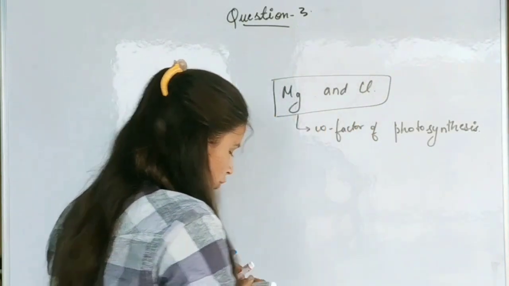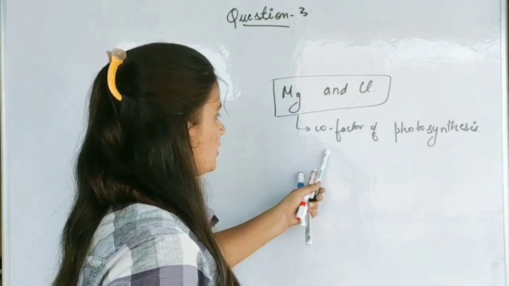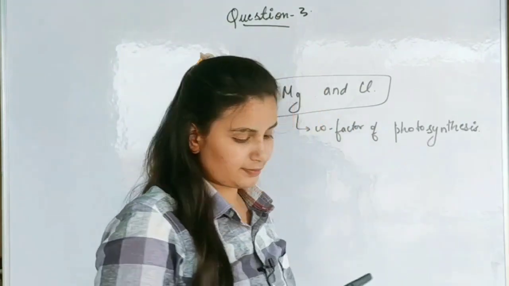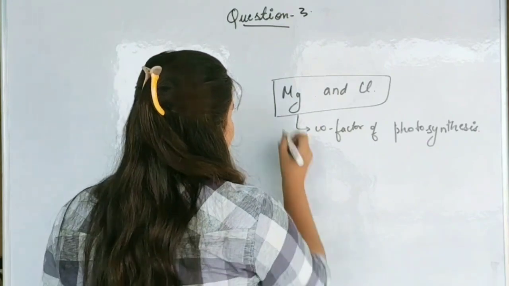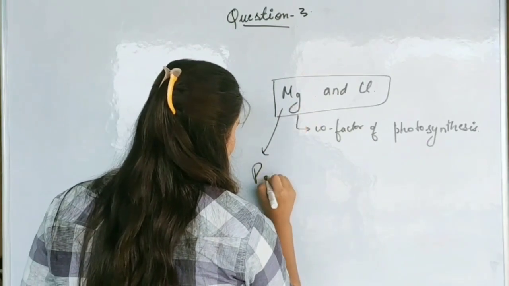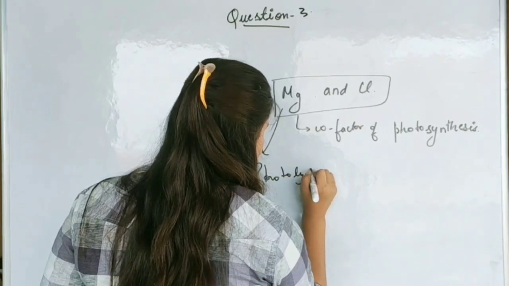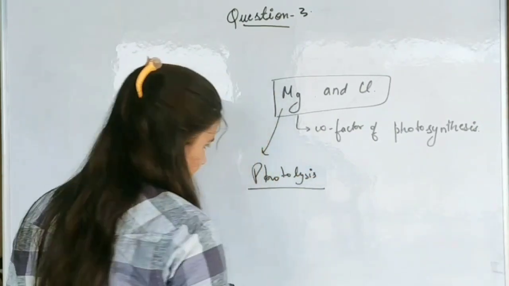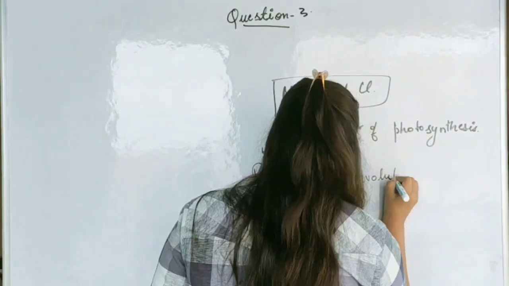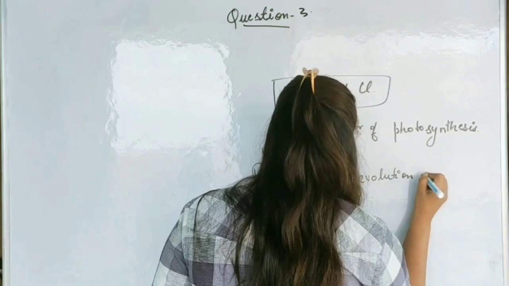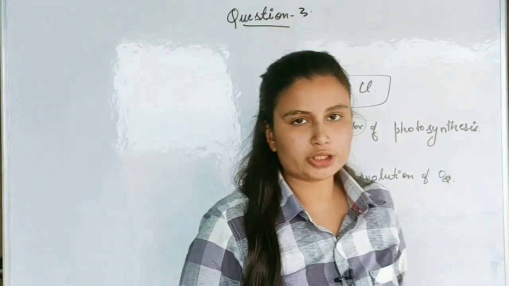So the correct option is magnesium and chlorine because they are the cofactors of photosynthesis. These two are involved in photolysis, and this photolysis results in evolution of O2. Now move to next question, question number 4.